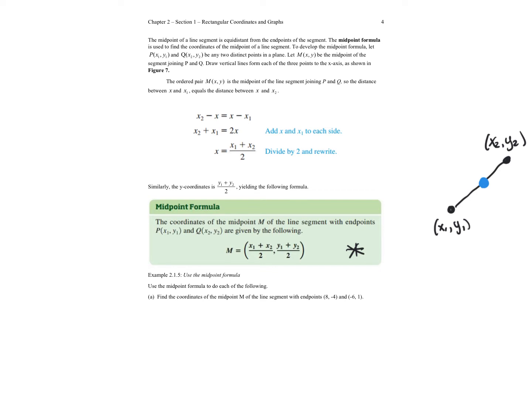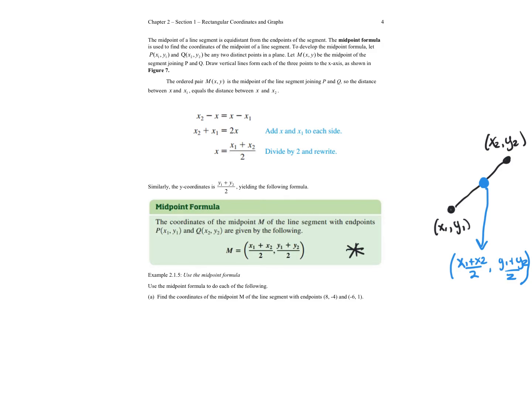The average is the middle of something. So to find an average, you add them up and divide by 2. So to find that point, you're going to do x1 plus x2 and divide by 2, comma, y1 plus y2 and divide by 2. And that would be the point or the ordered pair.